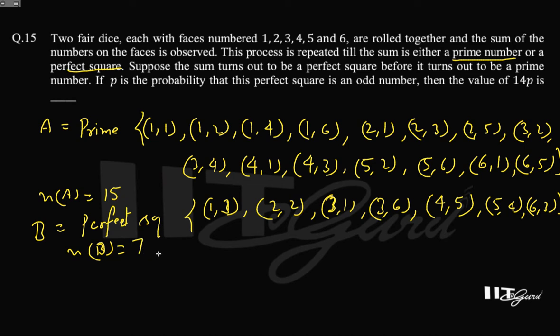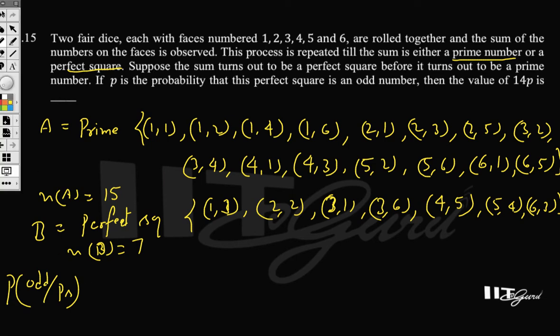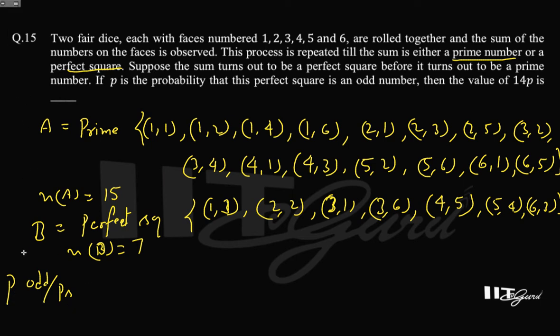Now what do you have to find? You have to find the probability of an odd perfect square, and this is the numerator. Let this be any event, perfect square before it turns out to be prime.